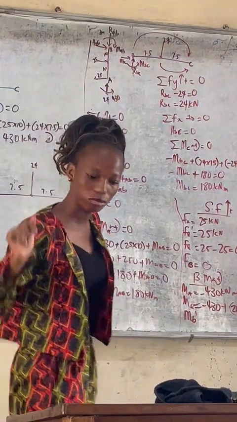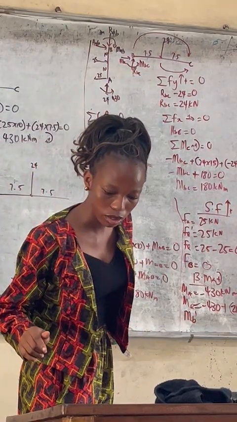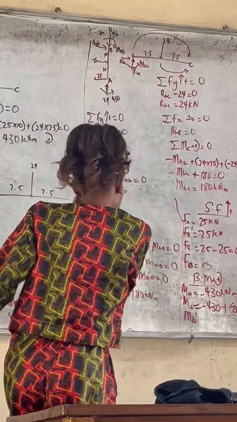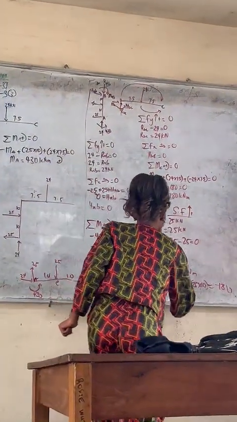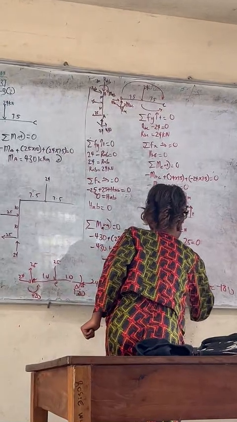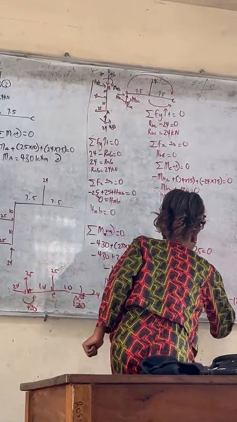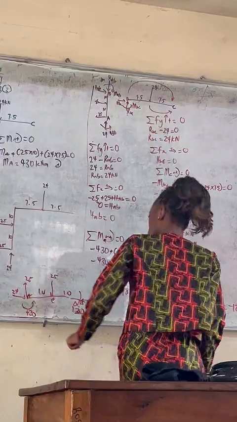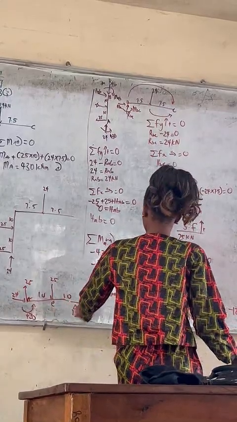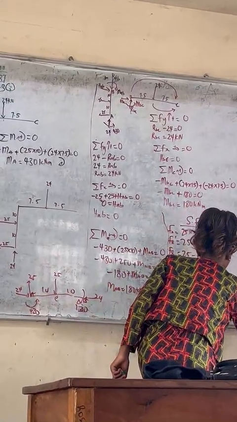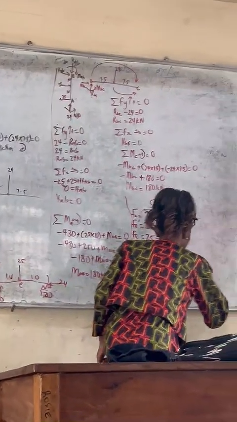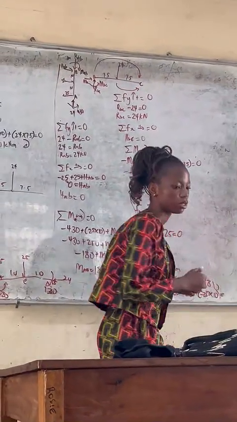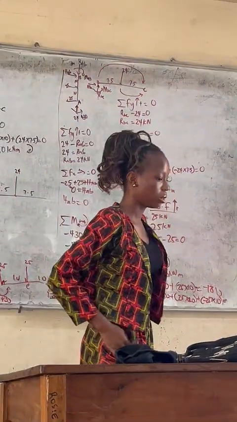So now this is going to give us negative 4 plus 25 times 10 minus 10. This is 25 times 20 this time, minus 25 times 10. So we are going to have what? Calculate on the ground.